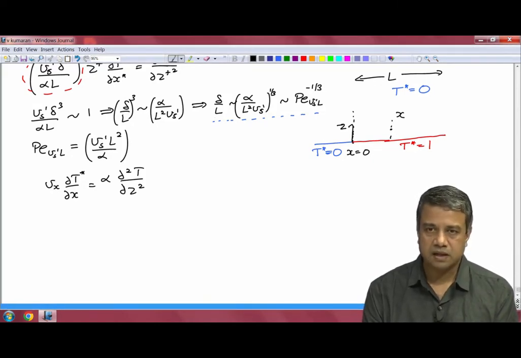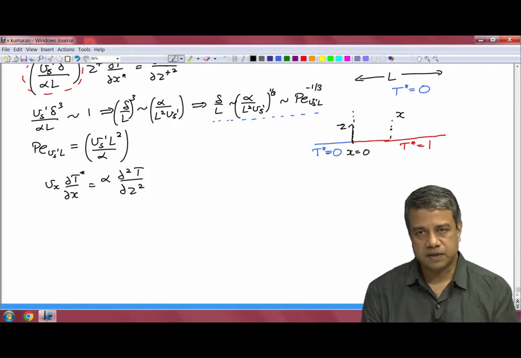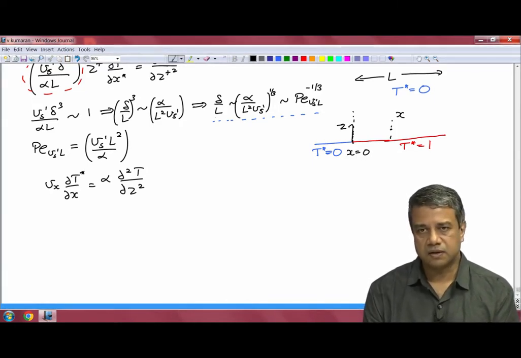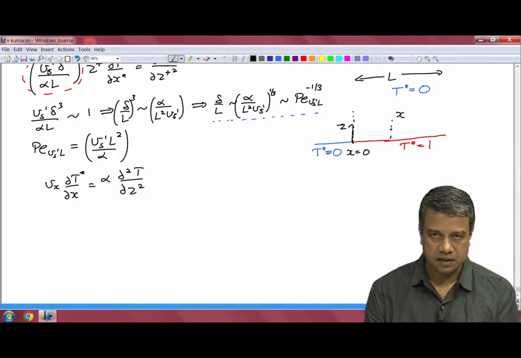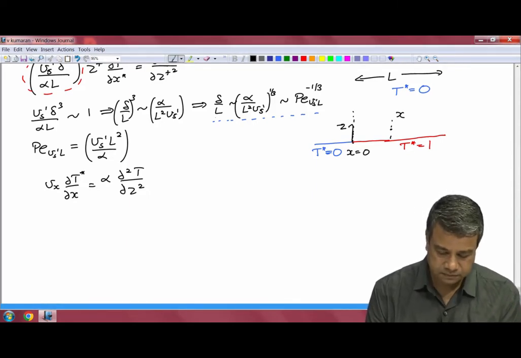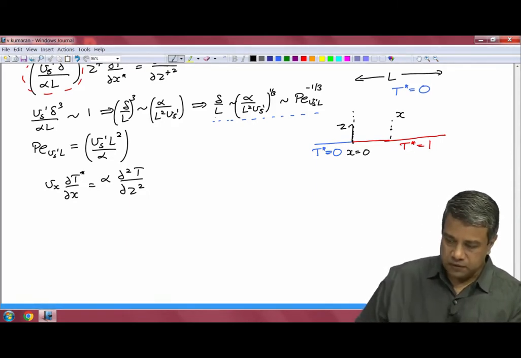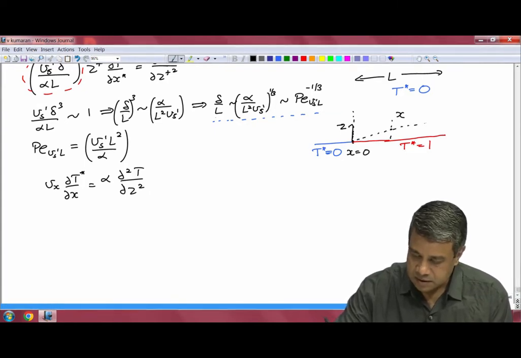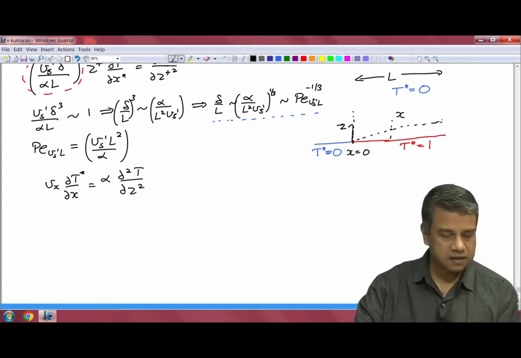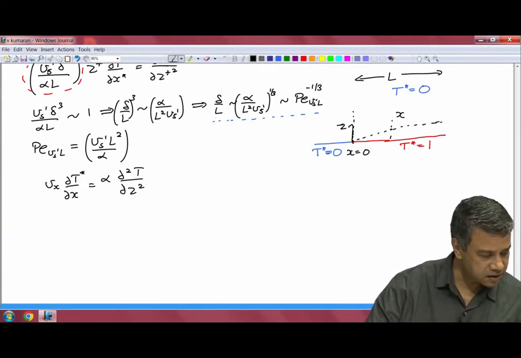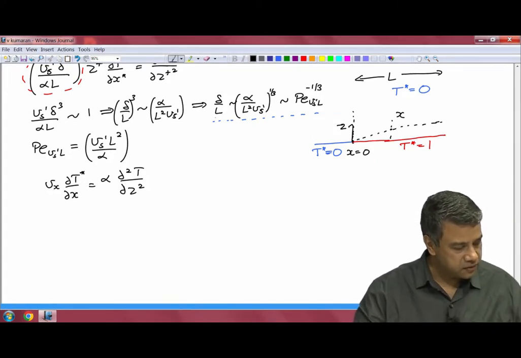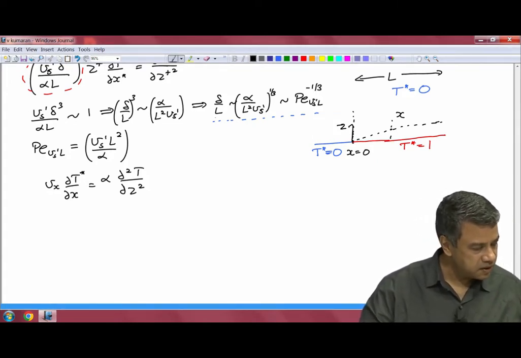At a given location x, the temperature field depends only upon the location x itself and not on the total length of the plate L. Therefore, the thickness of this region over which there is a balance between convection and diffusion will depend only upon the distance x.